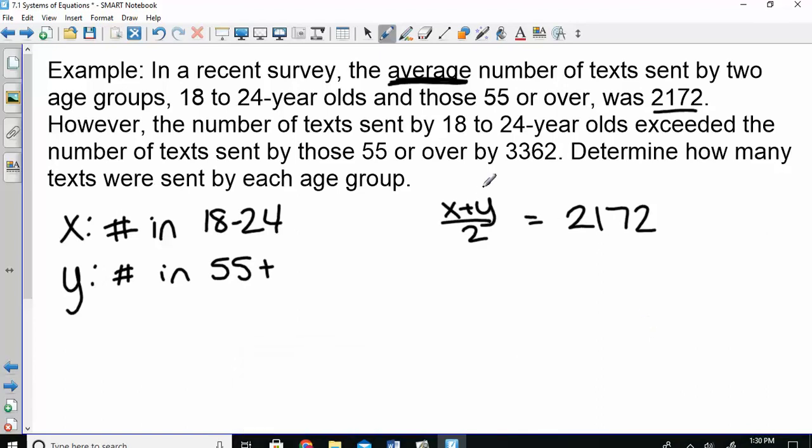Okay, then it tells me the number sent by the 18 to 24-year-olds exceeded those 55 or older by 3,362. Okay, so we subtract. The younger age group sent more, so when I subtract those, x minus y, the difference was 3,362.